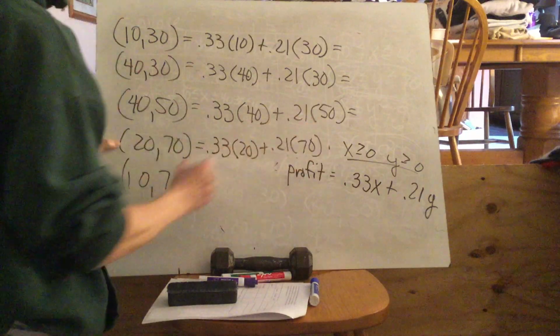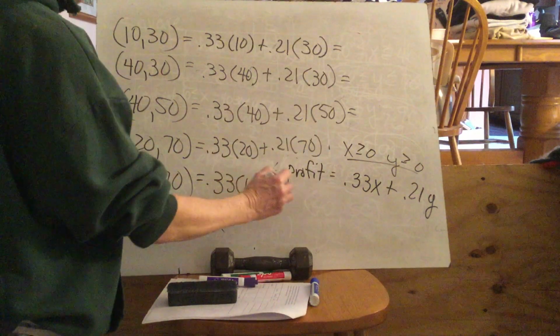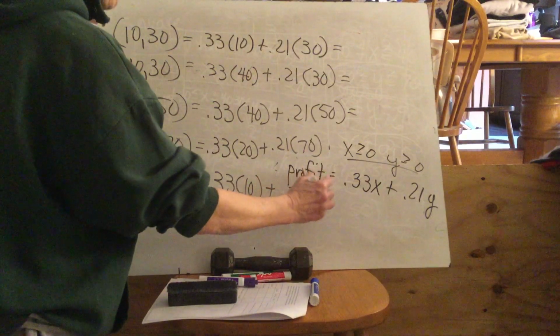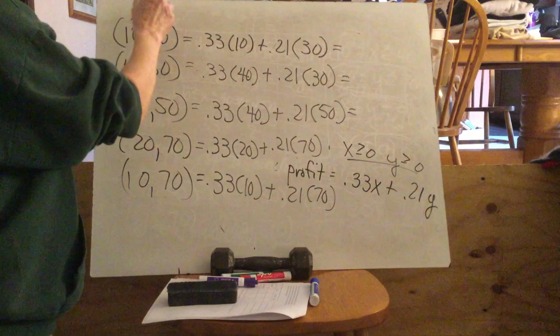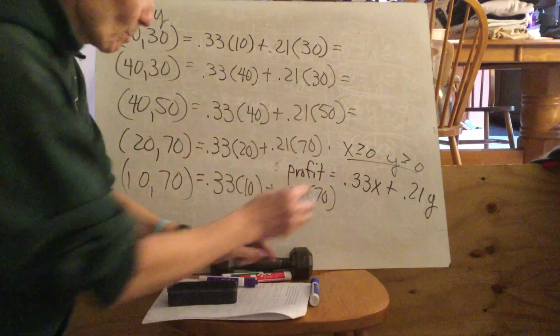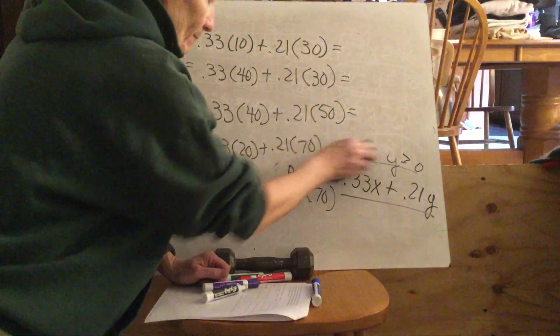I'm just writing it all down to make sure everybody knows what we're doing. We are simply plugging in each of these points, they're an x and a y, into this expression right here. That is our profit expression.